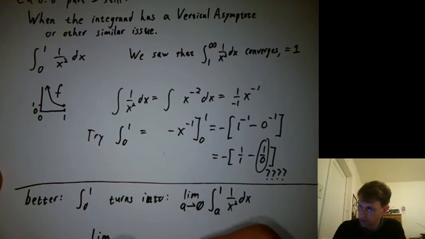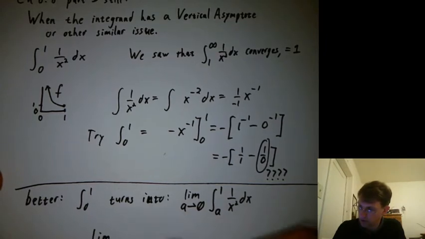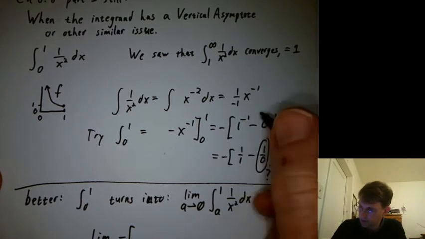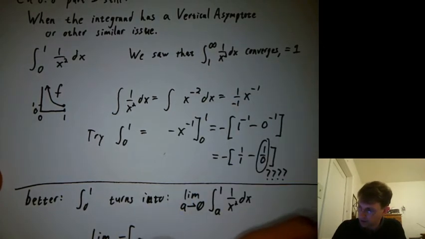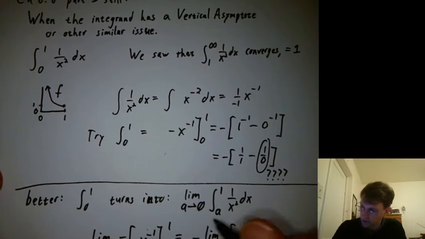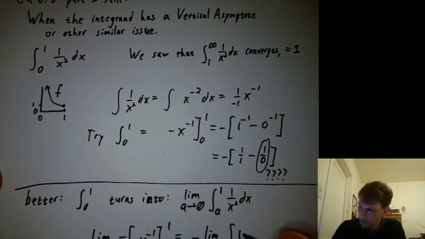We'll put the minus out here, just like we did there, so we'll get x to the negative 1 from a to 1. Now we can plug in the 1, so we get 1 to the negative 1 minus a to the negative 1. So we can say 1 over 1 minus 1 over a.